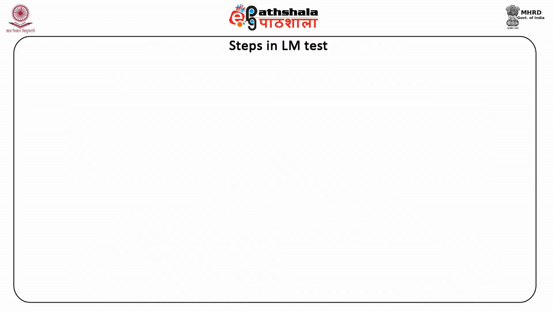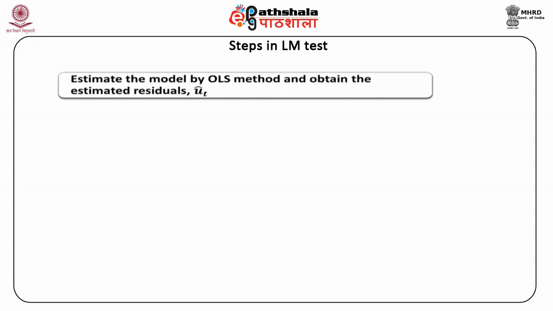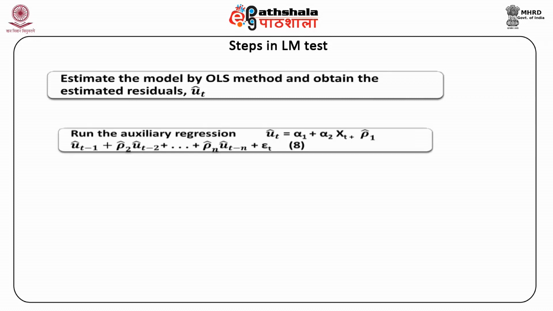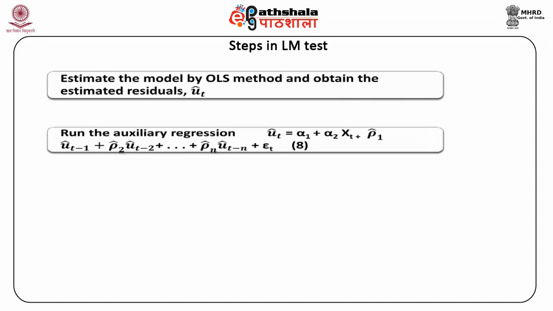Steps in LM test. So let us understand what are the steps involved in the Lagrange multiplier test. First is to estimate the model by the OLS method and obtain the estimated residuals u_t hat. The second is to run the auxiliary regression.